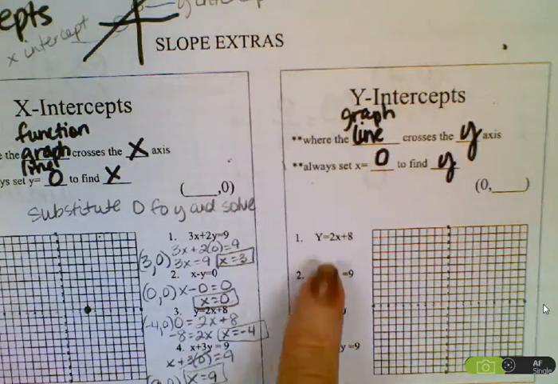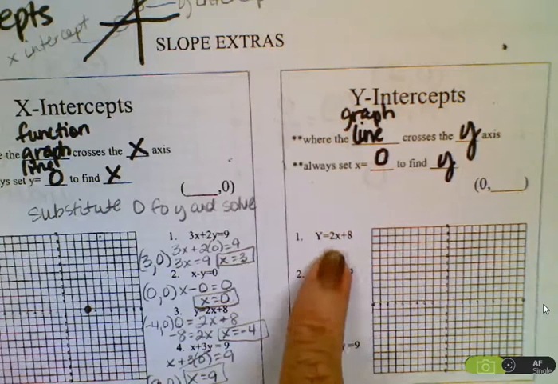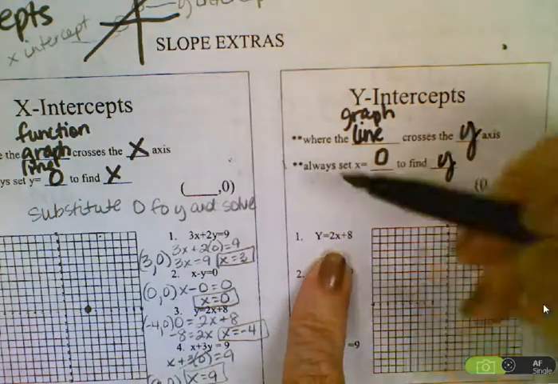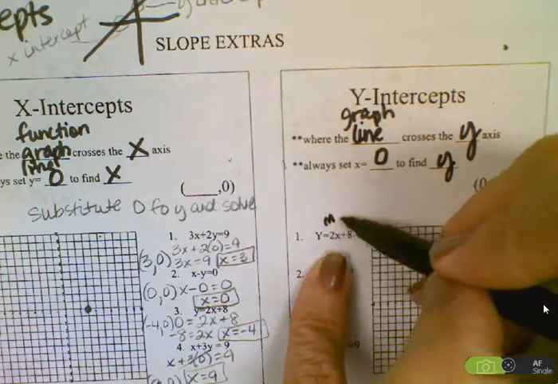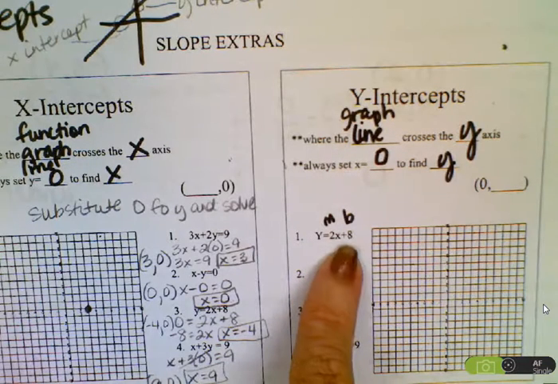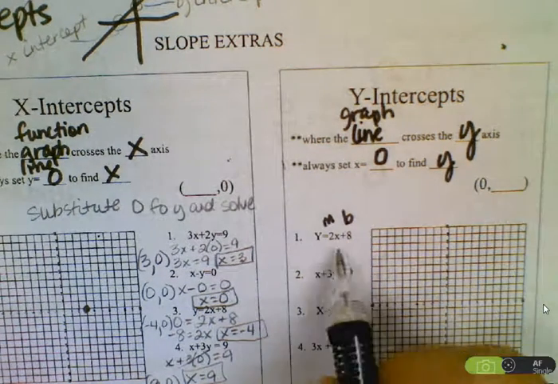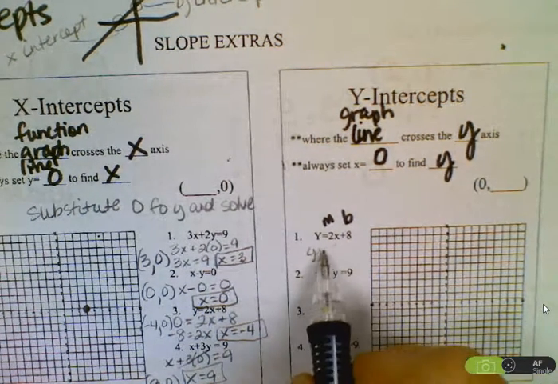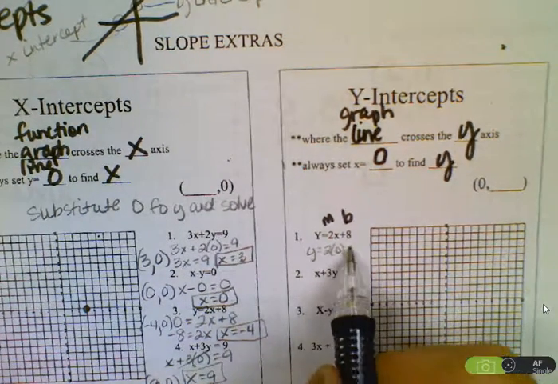Now here's a trick. If you already have something in slope-intercept form, like this equation is, we already know that that's our slope, and this is our y-intercept. So for these, you actually can find the y-intercept without doing any math whatsoever. If you ever forget, then you're always just going to plug in 0 for x and solve.